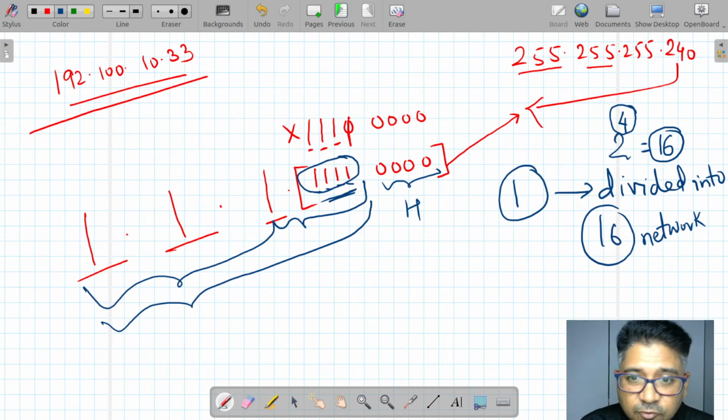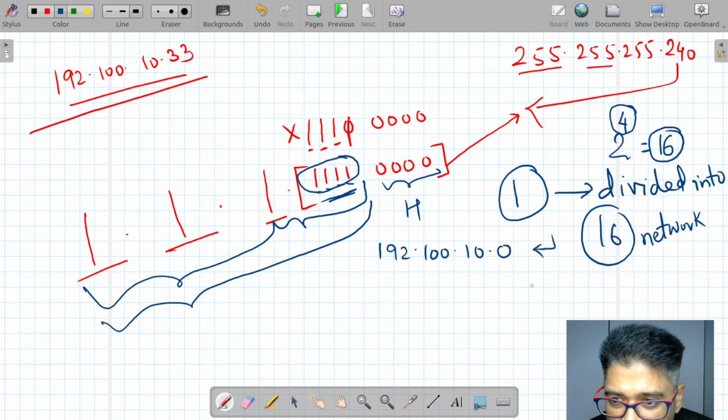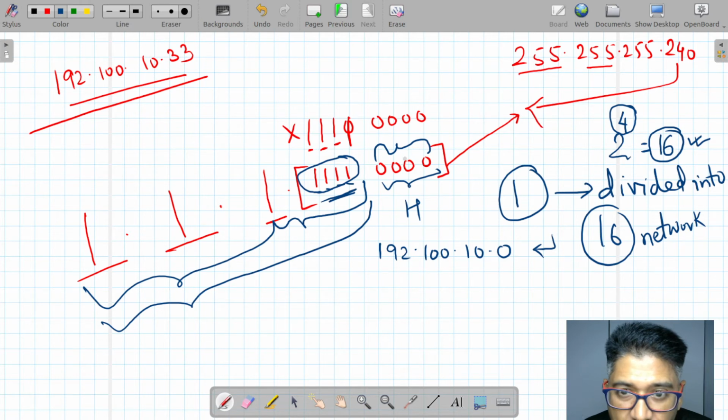Now what are those 16 networks? What will be the first network? It will start from 192.100.10.0. All the networks will be in rotation of 16. How many host bits do we have? 4 host bits, right? This is the host bit, and the host bits give you the rotation.